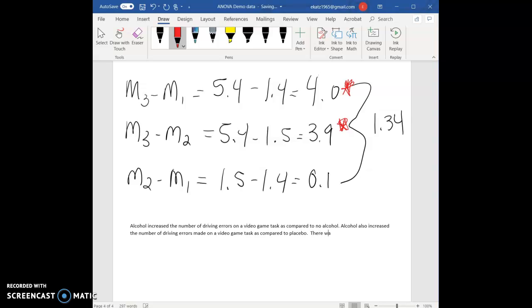There was no difference between the placebo and no alcohol group in terms of the number of errors made. Okay, and that is it. And that's basically how we calculate our one-way ANOVA, how we determine where the group differences are, and how we report our results. All right.